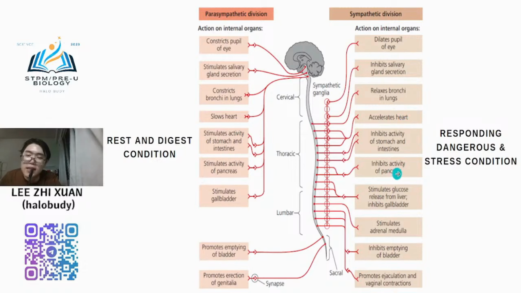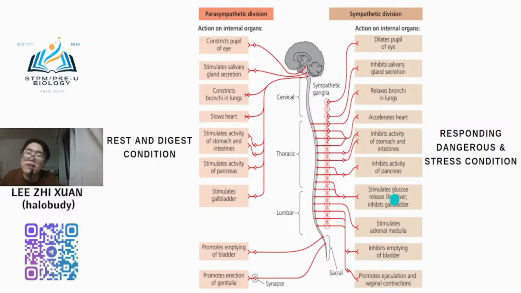And another one is it inhibits your pancreas activity, and then also starts to release glucose. So that is why people in a very stressed condition more easily increase their weight. Although you are not eating, or not eating much, it will increase your weight too, because your blood glucose level is very high.